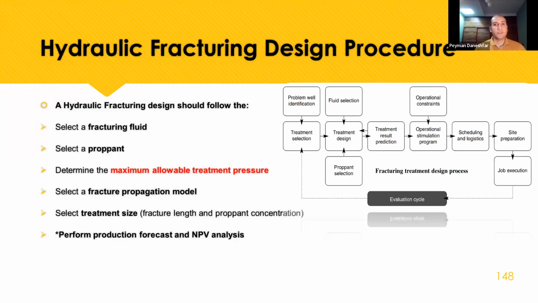So now we reach the hydraulic fracturing design procedure. In the hydraulic fracturing design procedure, first of all, we should find a good fracturing fluid. After that, we should find a good proppant. After that, we should find a breakdown pressure and also a maximum allowable treatment pressure.